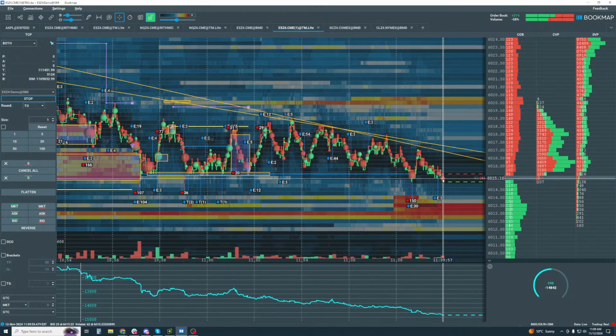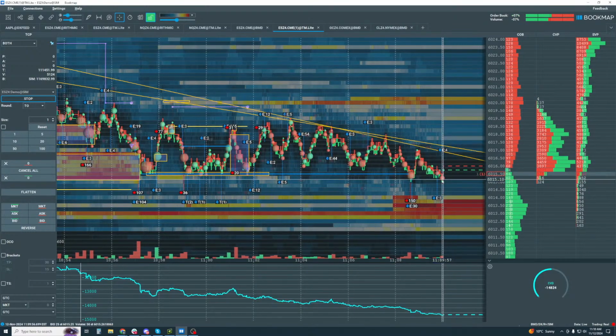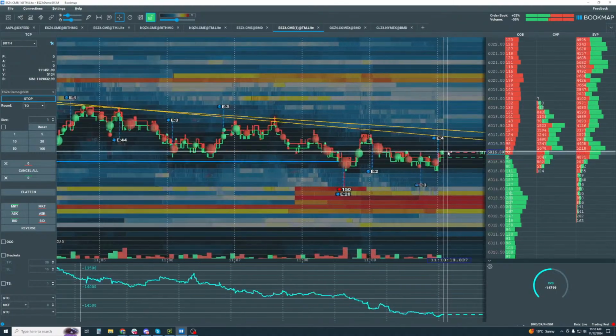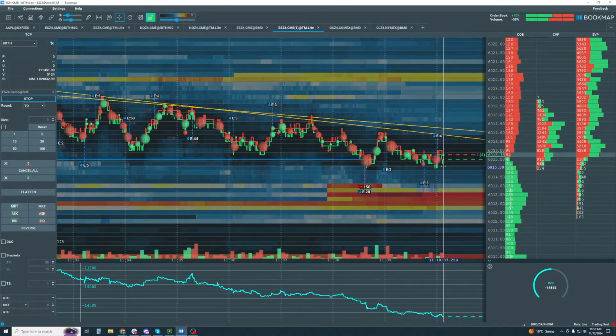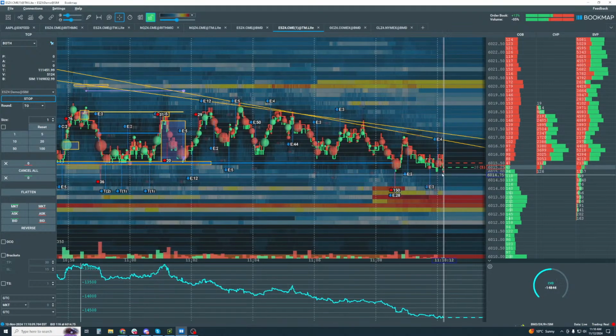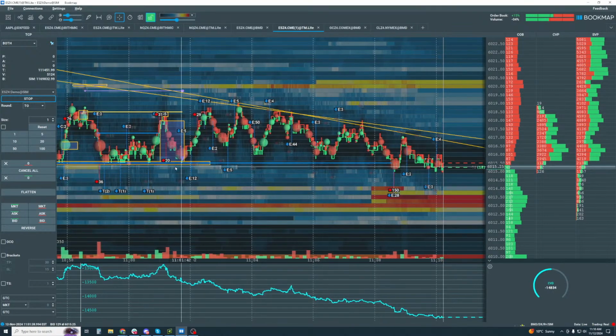Okay, I'd give the nod to the sellers here. But like I said, I don't feel too confident about it here. We did not trade into that high liquidity yet.